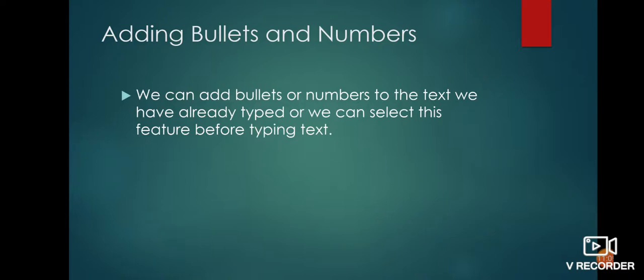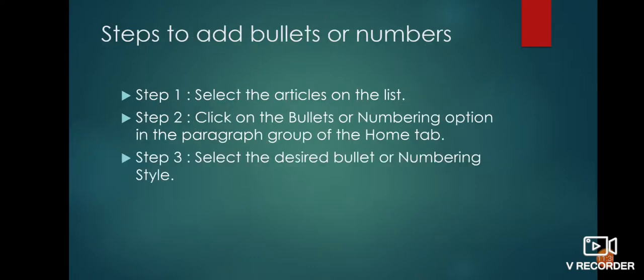Okay. These bullets or numbers we can add to our text that we have already typed, or we can select the feature before typing the text. Both ways it will work. Either you can add before typing the text, or you can type the text, then you can add this feature.